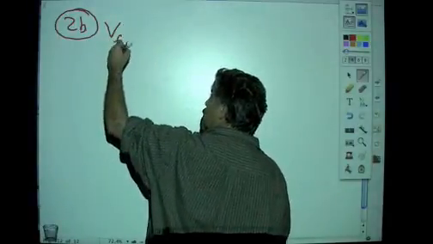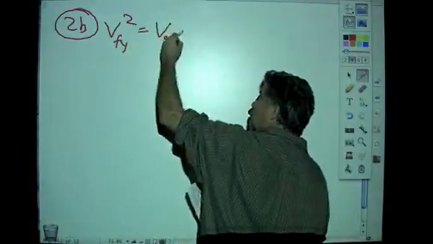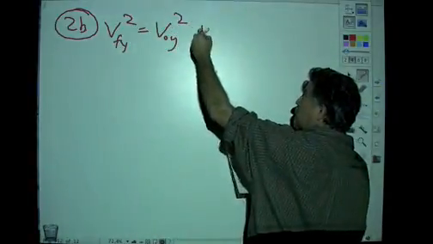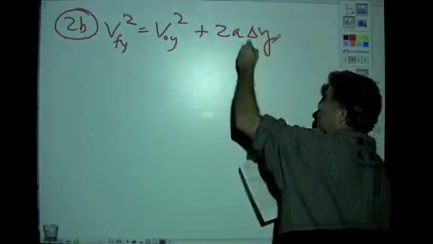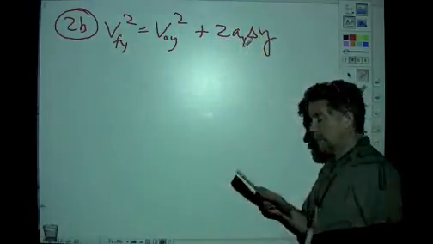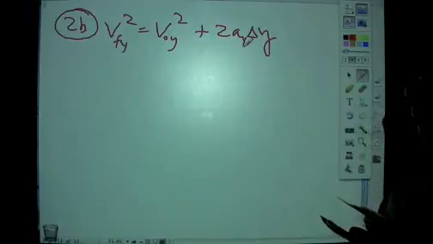So V final Y squared equals V naught Y squared plus 2A delta Y. Plug and chug again, V naught is 0.